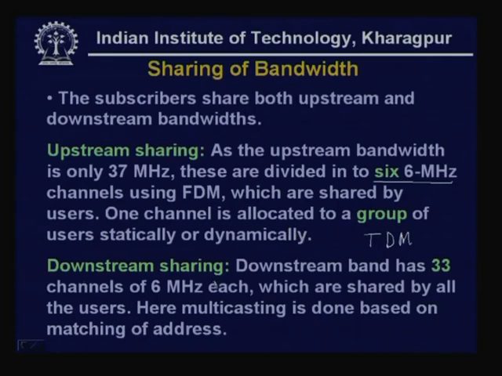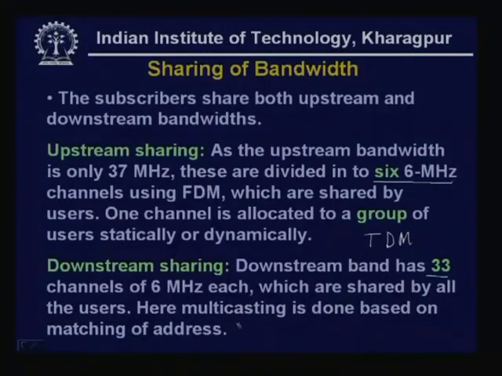Then the downstream sharing is also done, because you have only 33 channels, each of 6 megahertz bandwidth, and these are shared by all the users. Of course, here contention is not required. It is essentially multicasting.